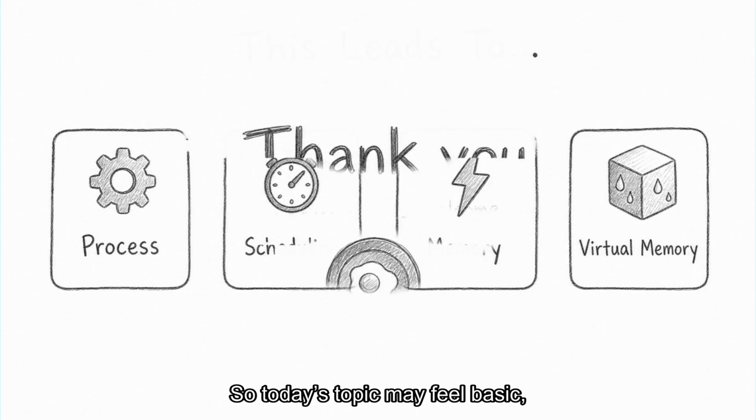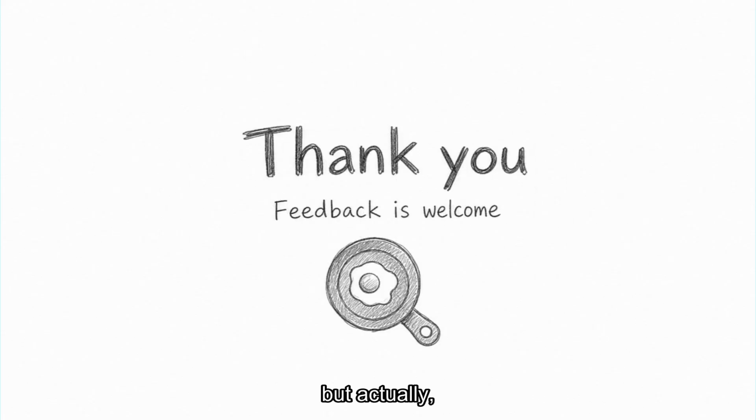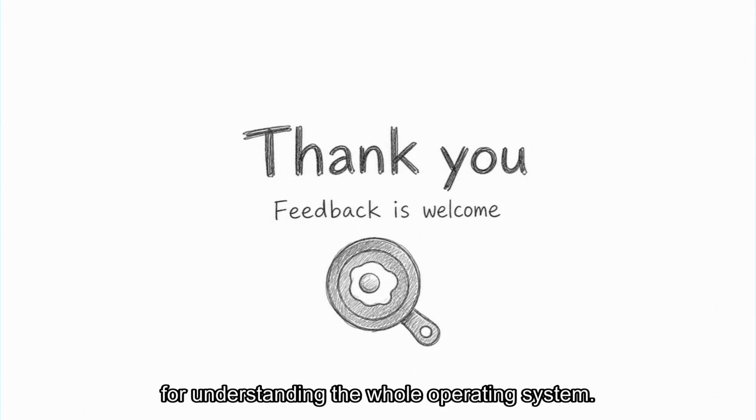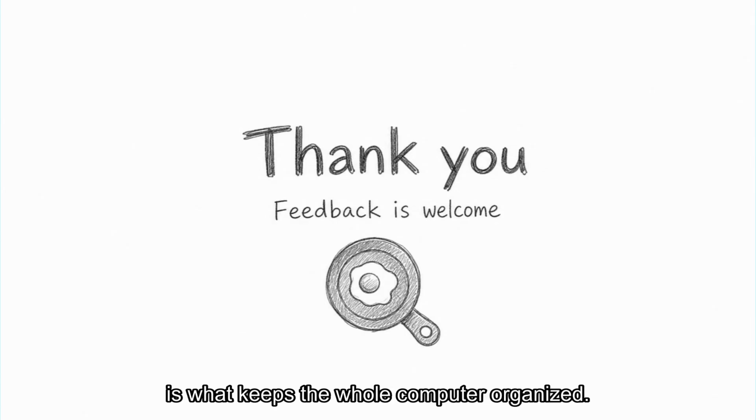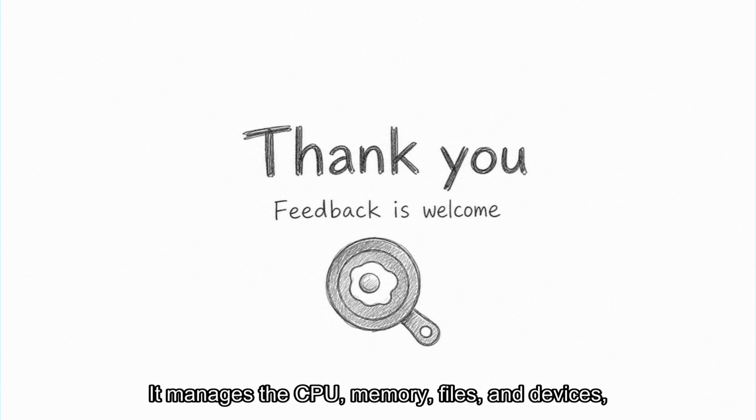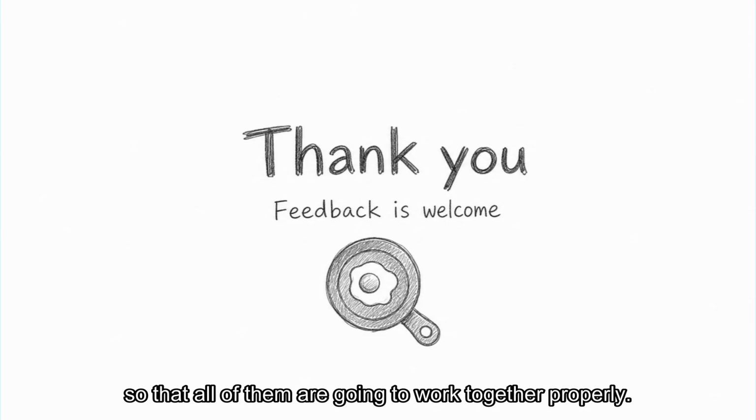So today's topic may feel basic, but actually, this is the starting point for understanding the whole operating system. In the end, the operating system is the one that keeps the whole computer organized. It manages the CPU, memory, files, and devices so that all of them work together properly.